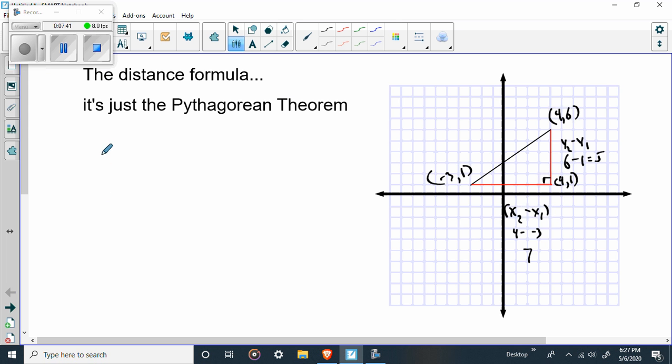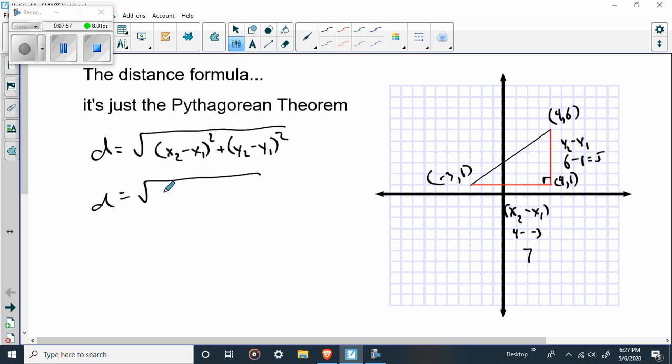So let's look at our distance formula. We said it was the square root of x2 minus x1 squared plus y2 minus y1 squared. Well, again, what did we say that was? The square root of 4 minus -3 squared plus 6 minus 1 squared.